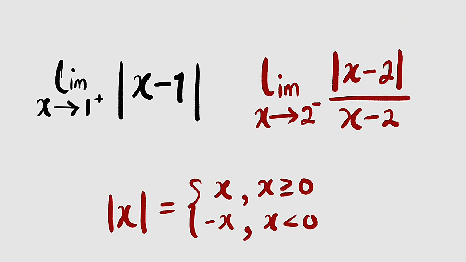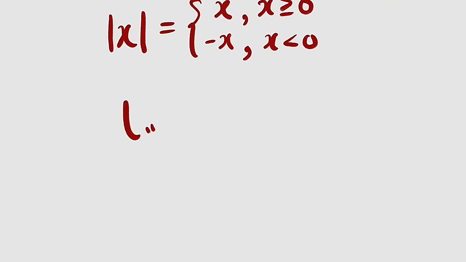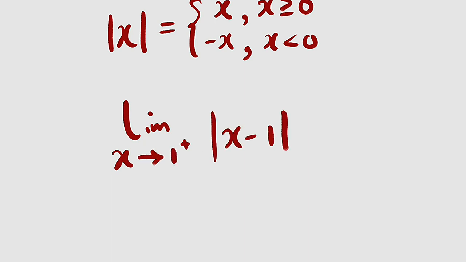So let's start with the first one. We'd like to evaluate the limit of the function, the absolute value of x minus 1, as x approaches 1 from the right. So we have the limit as x approaches 1 from the right of the absolute value of x minus 1.